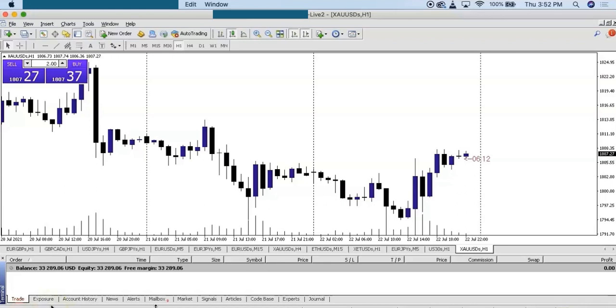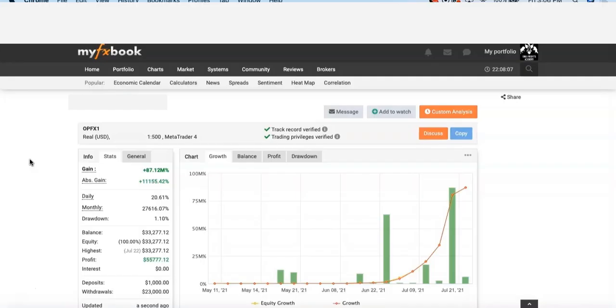So I'm going to show you guys my FXBook real quick, and I'm going to show you the progress I made scalping the market this week. So this is my FXBook. So you can see the growth.